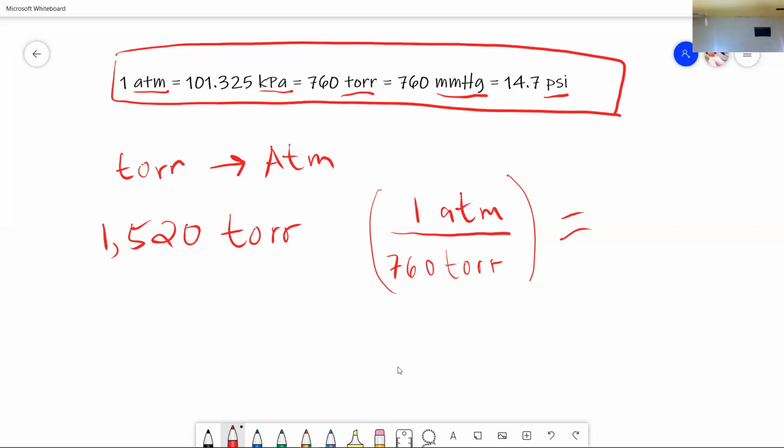First, cancel out all the units. Again, in one ATM, there is 760 torr.